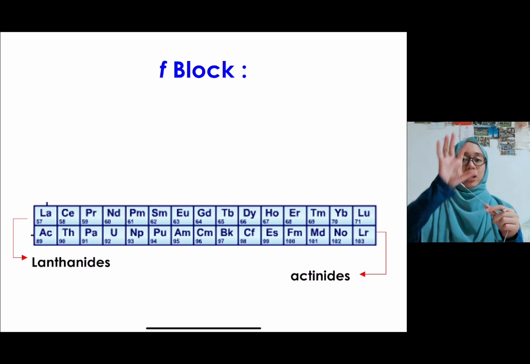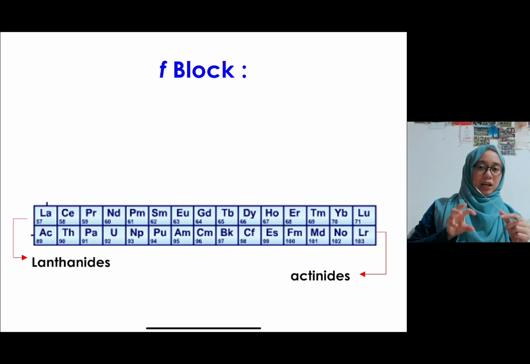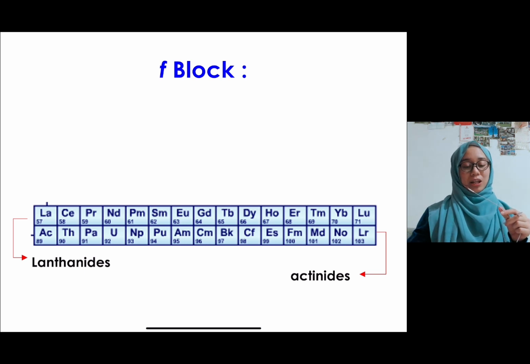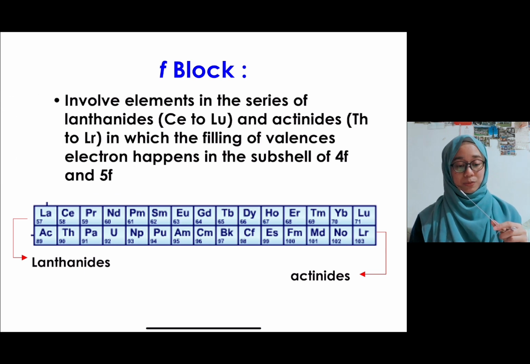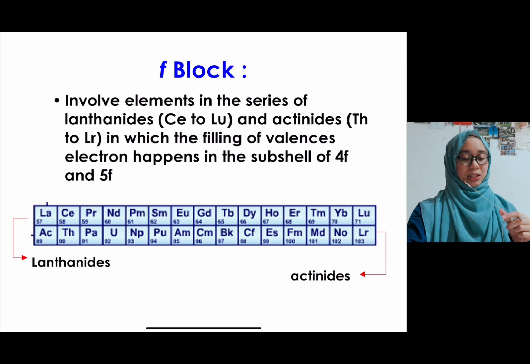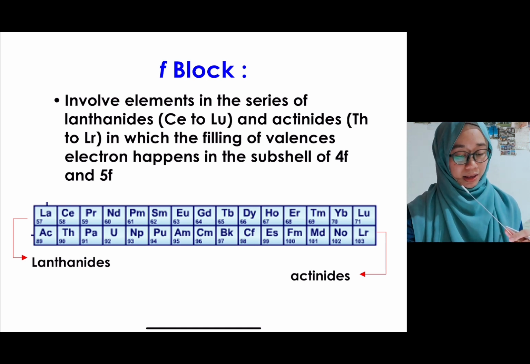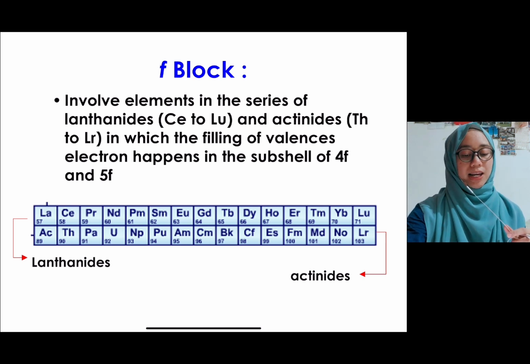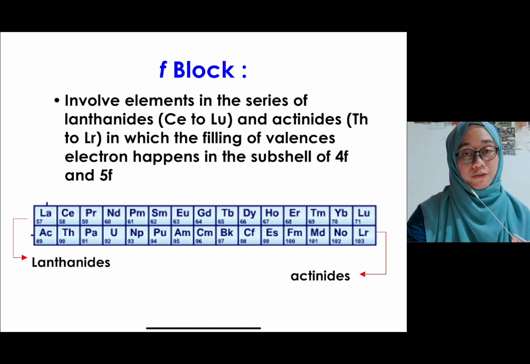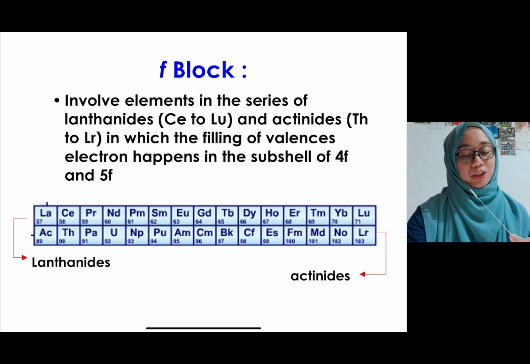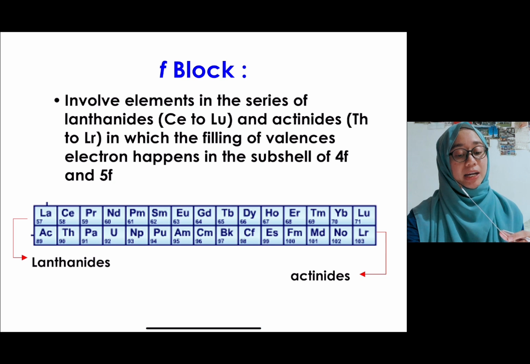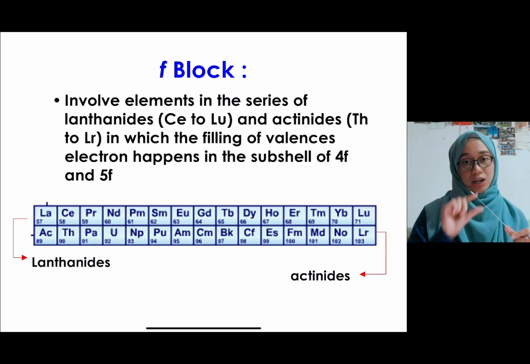So F block is the one that, if you look at the periodic table, is pulled out, there are 2 rows pulled out, which we call the lanthanides group, and the other one is the actinides group. So it involves elements in the series of lanthanides and actinides in which the filling of valence electrons happens in the subshell of 4f and 5f. Okay, but we won't go there. Just wanting to introduce where the position of F block is. So F block is the one at the bottom part.